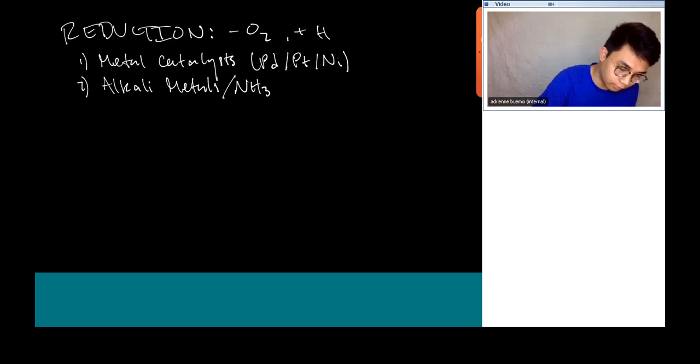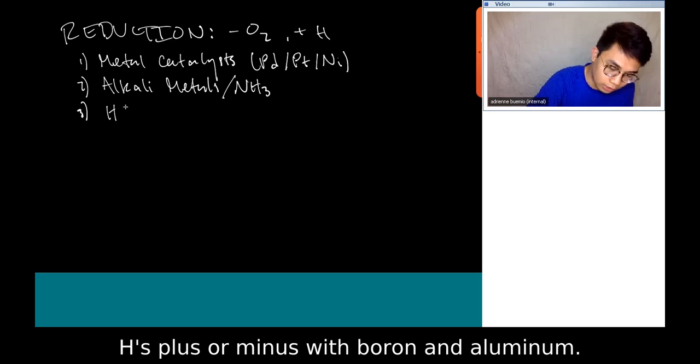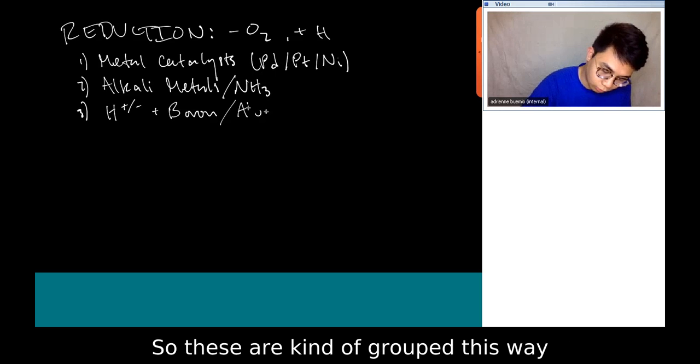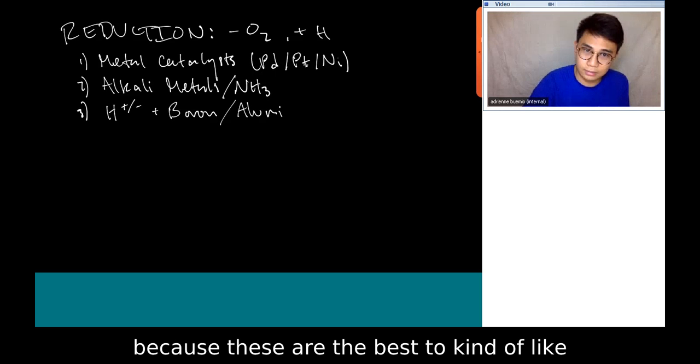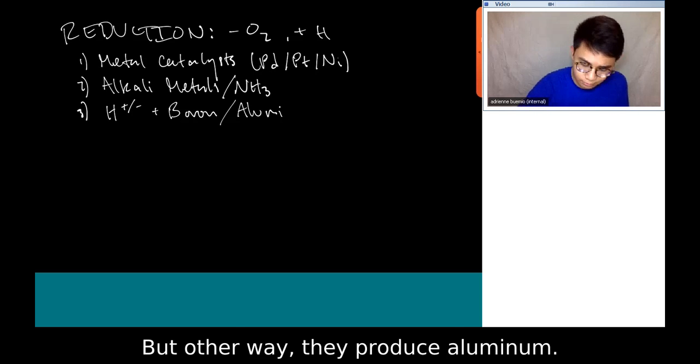And then the third set is going to be our H, obviously, right? H is plus or minus with boron and aluminum. So these are kind of grouped this way from best to worst, most to least, I guess. But either way, they produce, right?